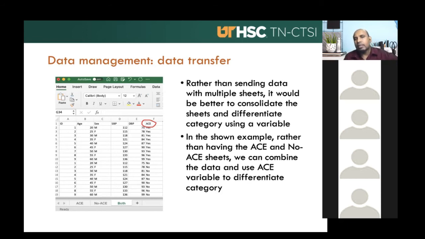So rather than sending data with multiple sheets, it would be better to consolidate the sheets and differentiate categories using a variable. In the shown example, rather than having the ACE and no ACE sheet, we can combine the data and use the ACE variable to differentiate category.